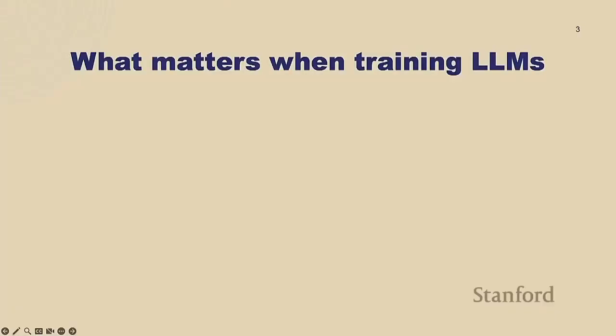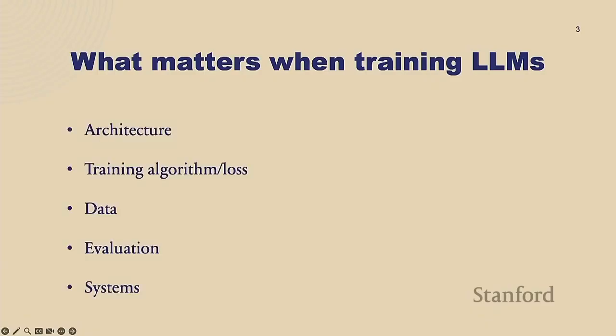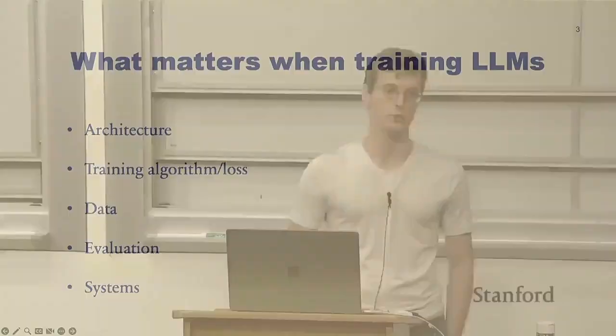Great, so what matters when training LLMs? There are a few key components that matter. One is the architecture. As you probably all know, LLMs are neural networks, and when you think about neural networks, you have to think about what architecture you're using. Another really important component is the training loss and the training algorithm, so how you actually train these models. Then it's data: what do you train these models on?